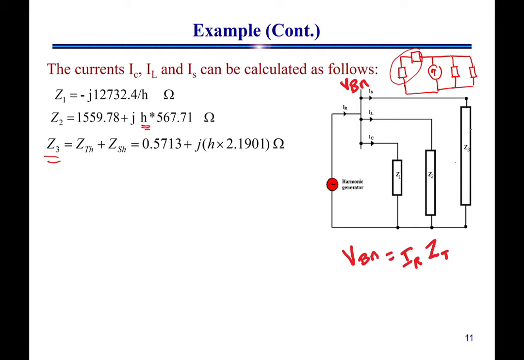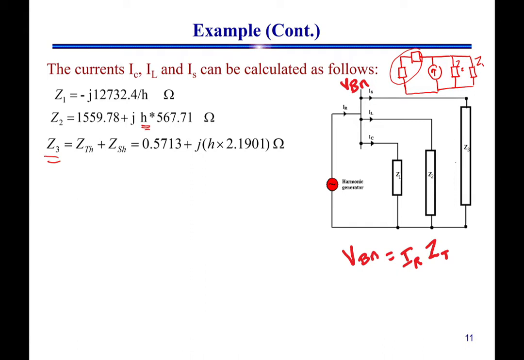And Z1 is the impedance of the capacitor bank, so it will be divided by h, because now we are looking at the fifth harmonic.